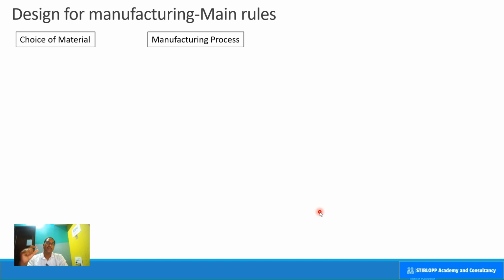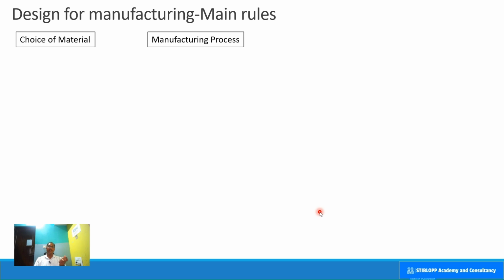The manufacturing processes for plastic material are injection molding and compression molding, and for metal components they are casting, extruding, stamping, and forming. There could be other manufacturing processes like fabrication and things like that, but they include joining of the components. Okay.